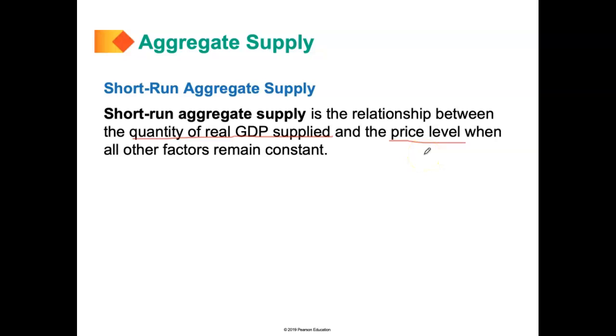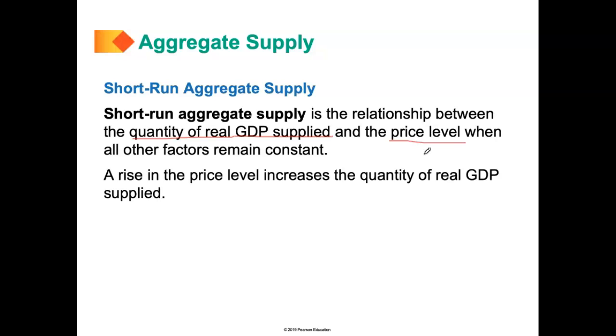Now we need to look at the behavior of producers. Remember, when prices increase, producers tend to produce more. Think of aggregate supply as the total amount of goods supplied by producers. A rise in the price level increases the quantity of real GDP supplied. There's a positive relationship between the price level and the quantity of real GDP supplied.